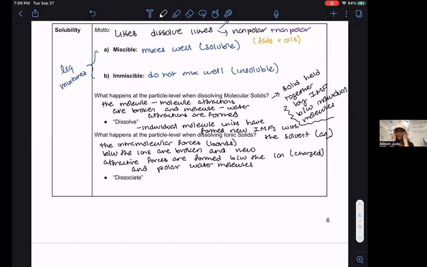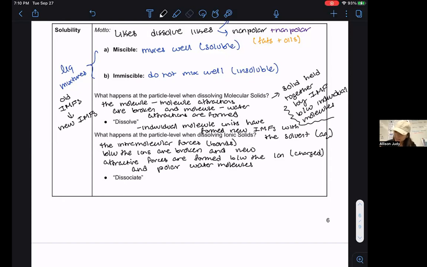Now, automatically, your brain should be going, wait a second. I can get behind molecular solids dissolving, IMFs being broken to form new IMFs. I can get that. But what the heck is going on with breaking ionic bonds, intramolecular forces, and forming intermolecular forces? What's happening there? Well, this is a unique subcategory of IMFs because normally it involves breaking old IMFs and forming new IMFs.